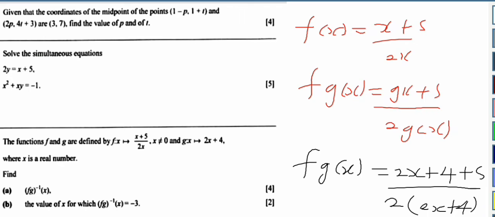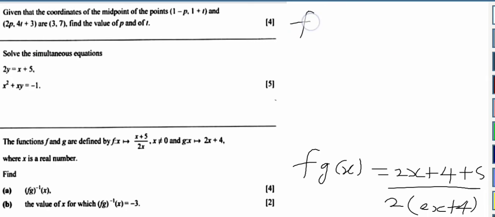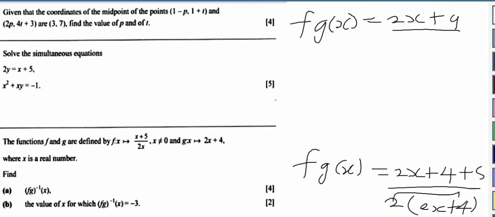Then close. So to complete the fg function, I'm just going to say 4 plus 5, we are going to get 9. So we have 2x plus 9, being divided by 2 multiplied by everything inside the brackets.